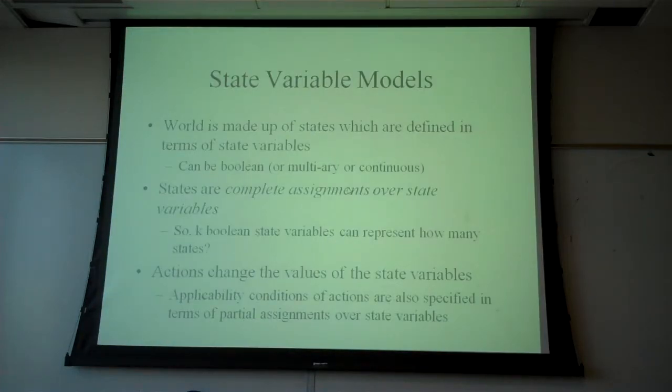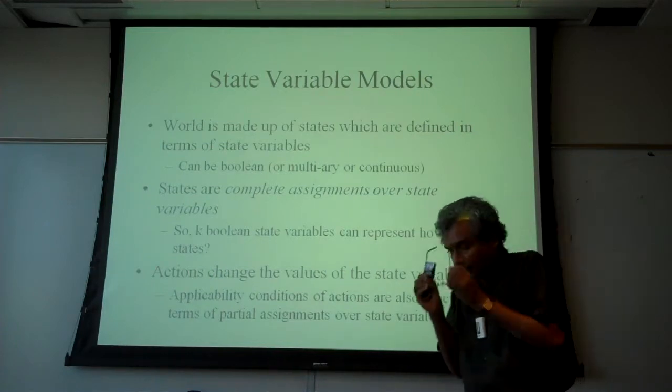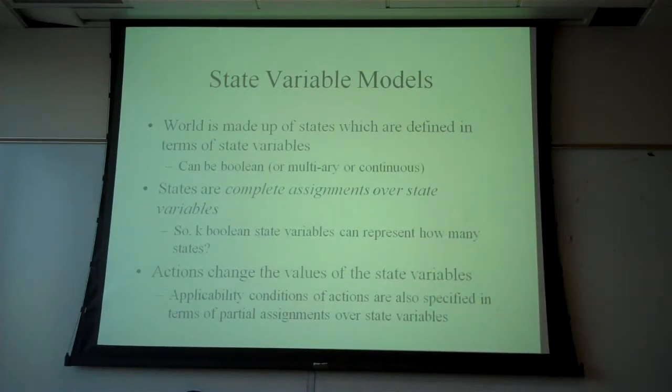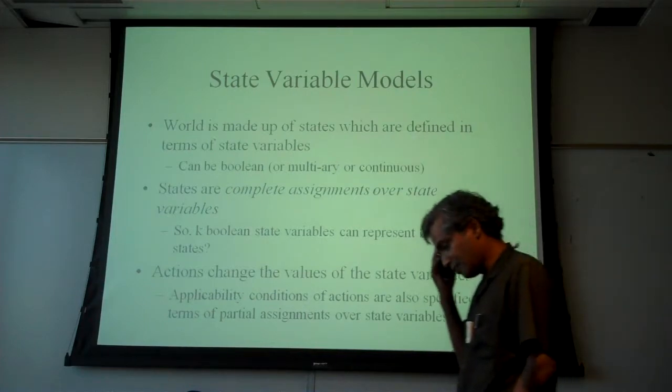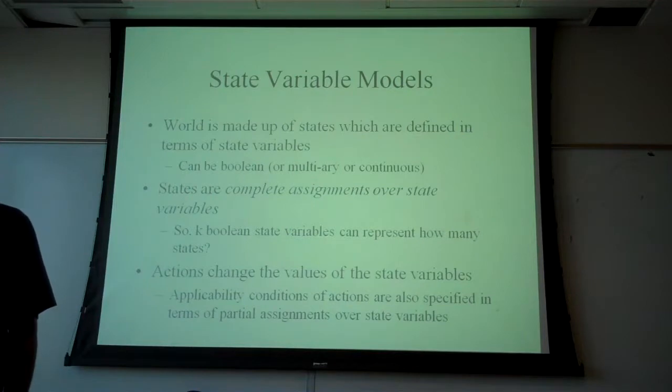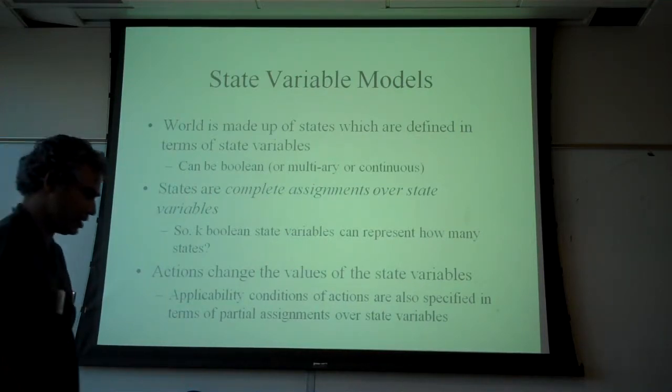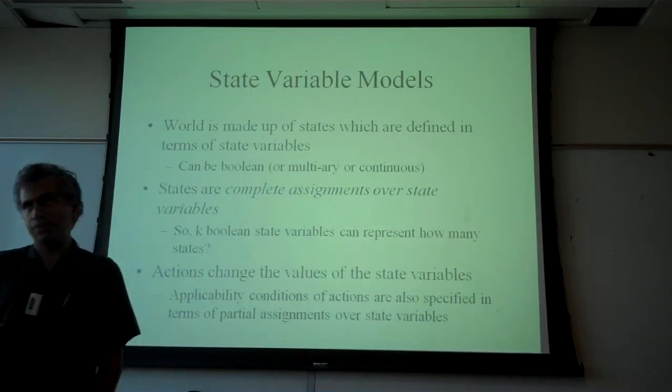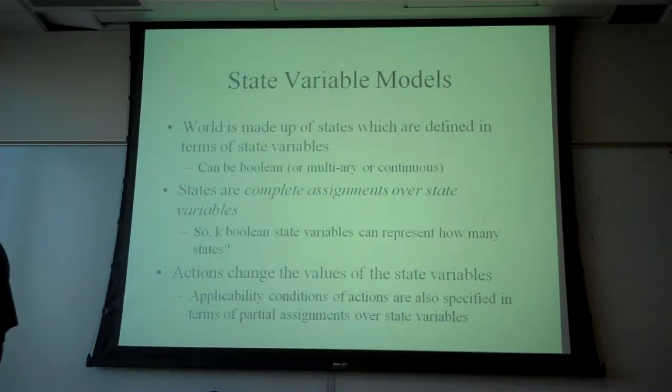Okay, so today I am going to hopefully complete the discussion of automated planning. We were looking at the STRIPS representation, the state variable representation, which has also been called the STRIPS representation because the STRIPS planner actually used it first.